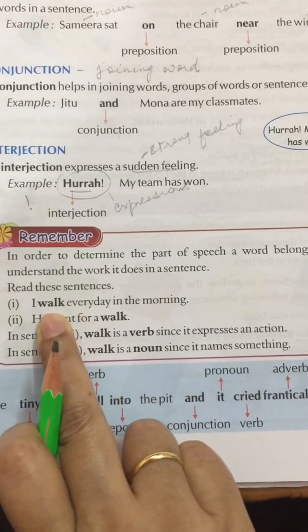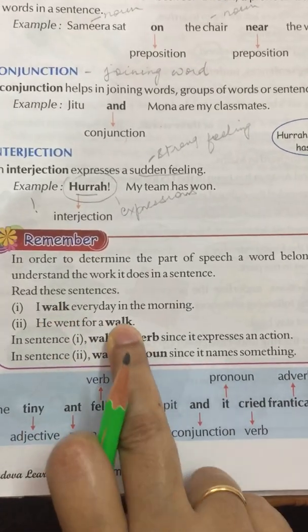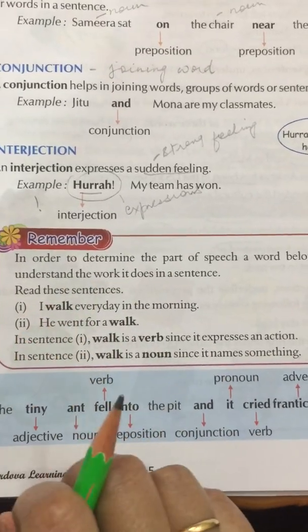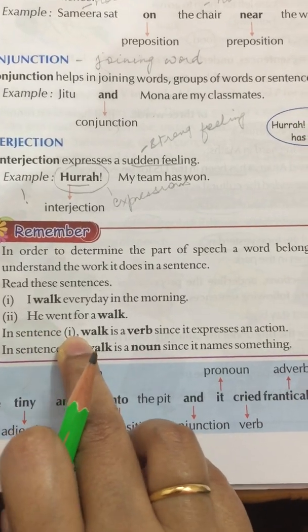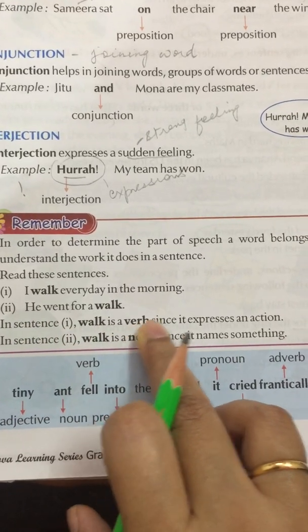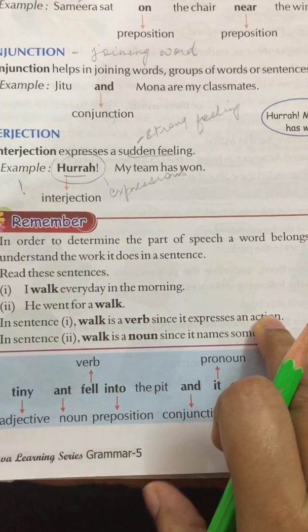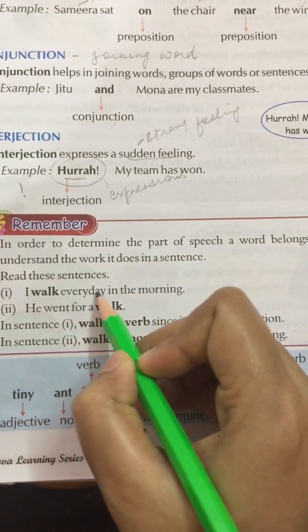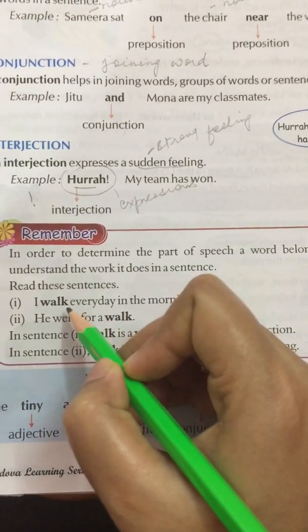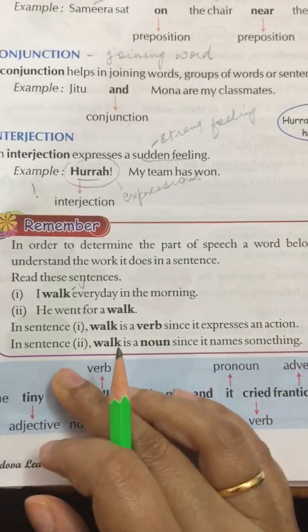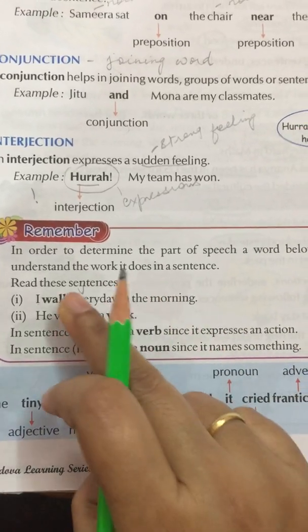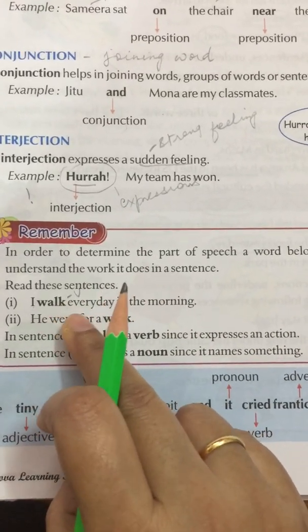So here, walk is highlighted. Why? In sentence 1, walk is a verb since it expresses an action. I walk every day in the morning. Walk is a verb because it shows an action that is being performed.